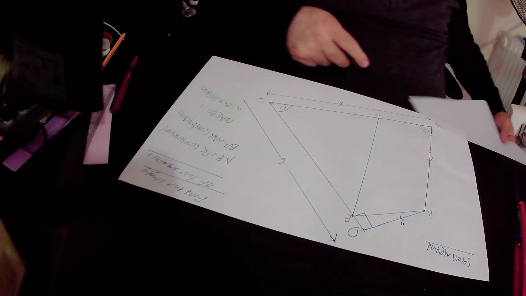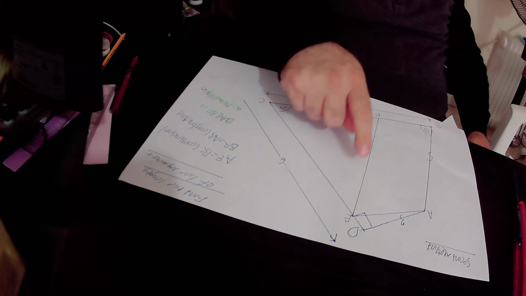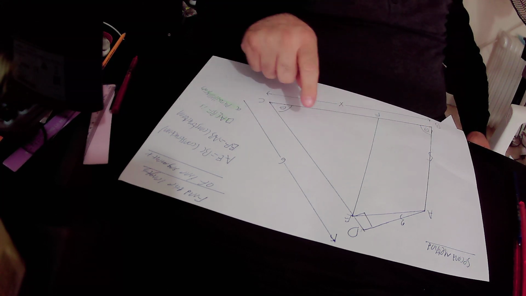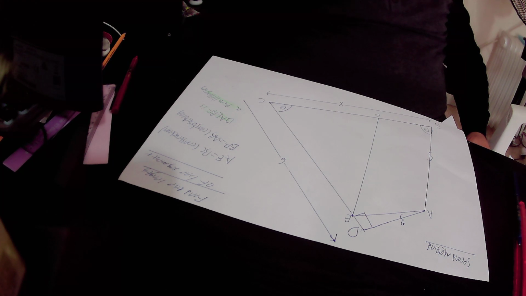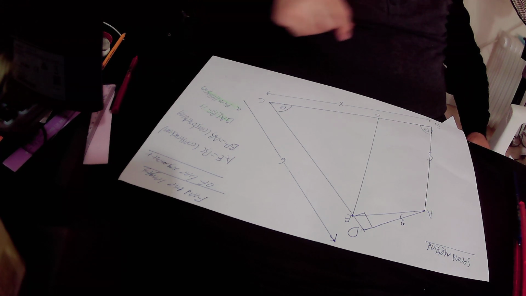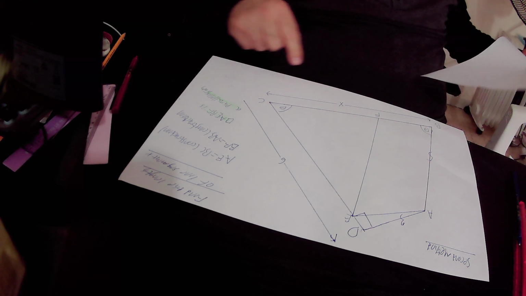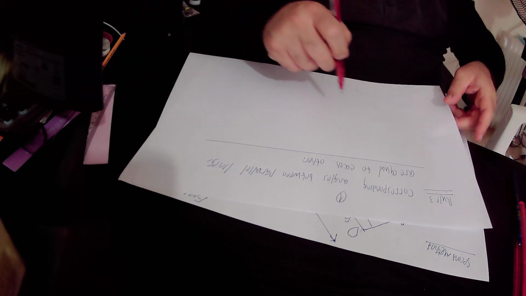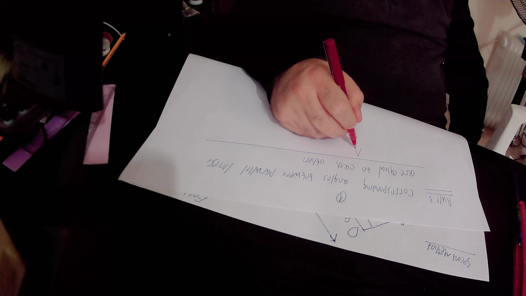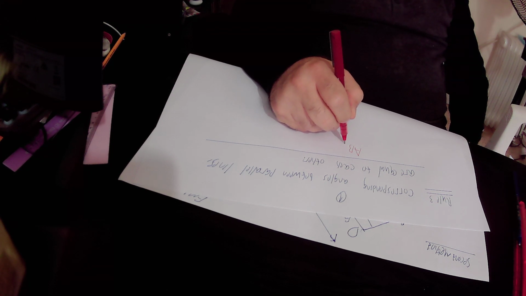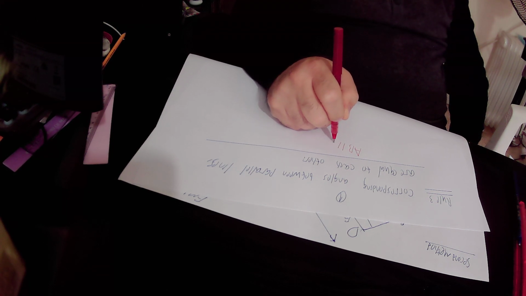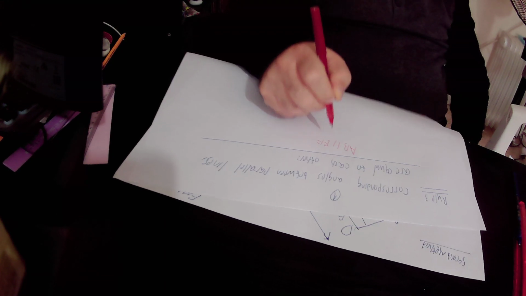So here we know that AB is parallel to EF according to our construction.